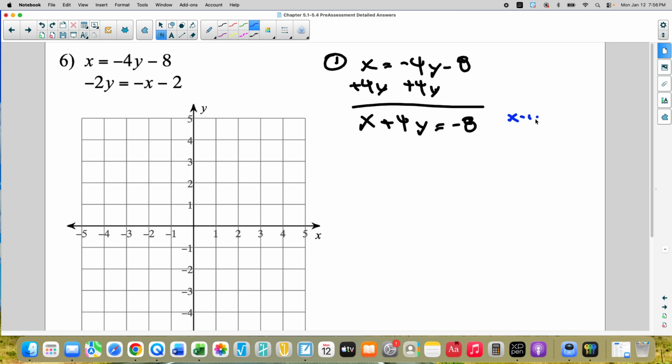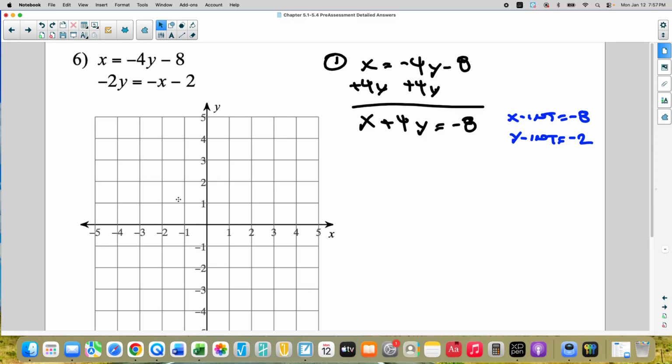So my x-intercept is going to equal -8, and my y-intercept is going to equal -2. So -8. Ooh, yikes. All right, well, they didn't want to work on that. That's not good. Let's change that because I can't graph that out there.